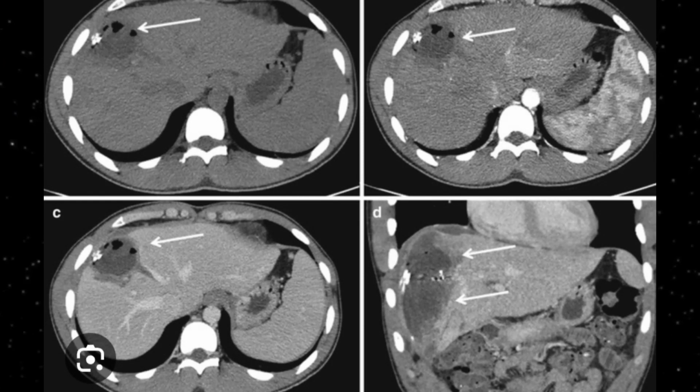In the topmost, the white arrow shows a small area of hematoma, and in the consecutive image you can appreciate the same, while in both lower images you can see the hematoma slightly extending and increasing in size because of its liquefactive content. So this is hematoma on CT images.